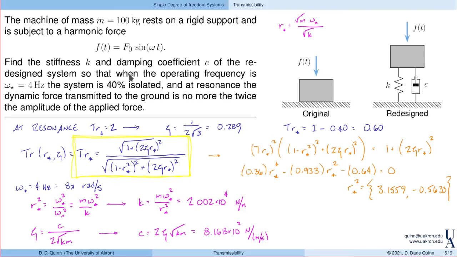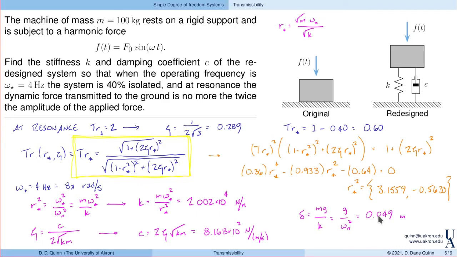Finally, one additional thing that we can calculate, actually after all this, is, for example, the static displacement. That's sometimes useful. So notice that the static displacement in this case is the weight, mg, divided by the stiffness. So we can also write this as g over omega n squared. Omega n squared is k over m. And we find that the static displacement for this problem is 0.049 meters.